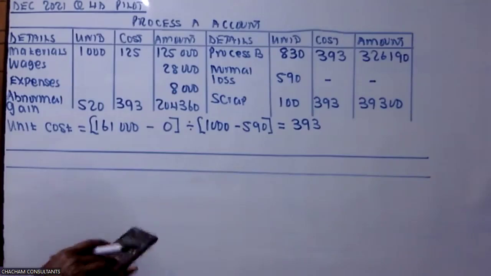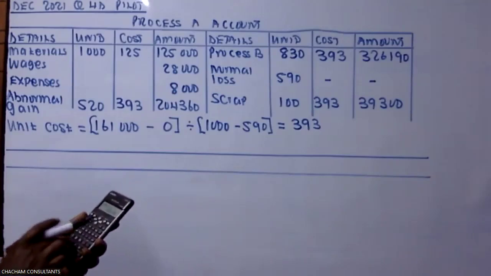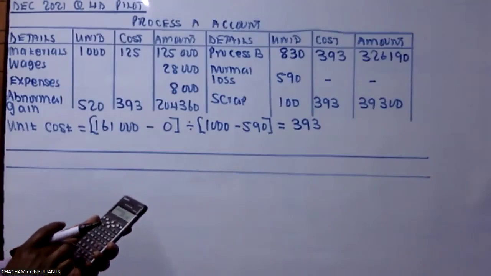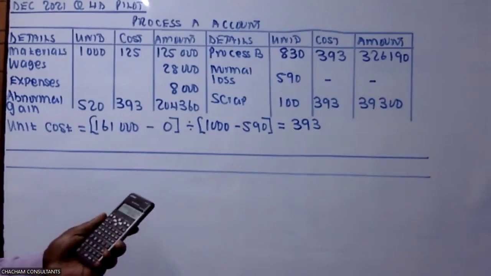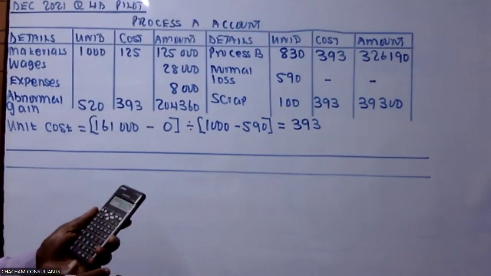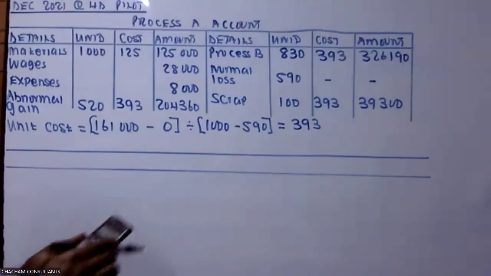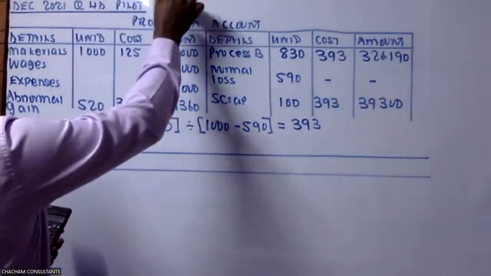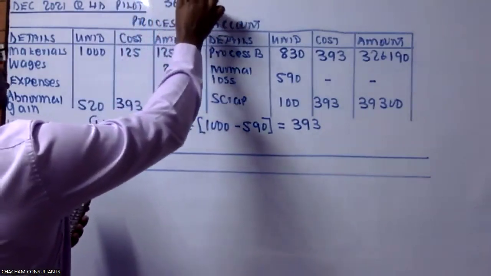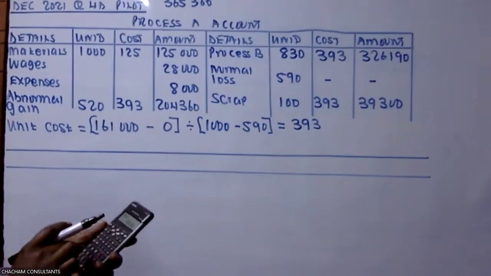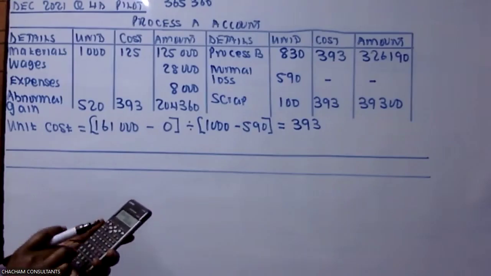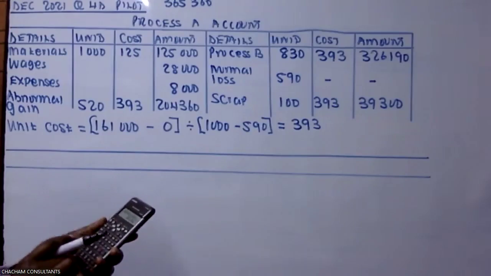If you add this, it was already 161,000 plus 204,360, which comes to 365,360. Then 326,190 plus 39,300.